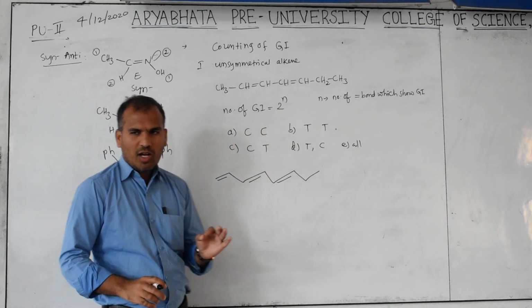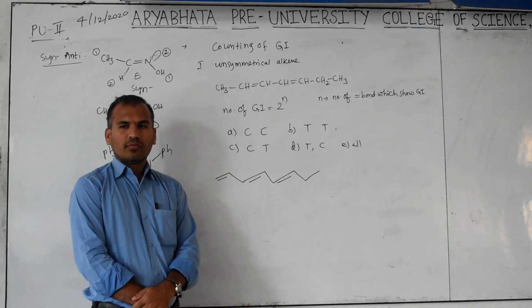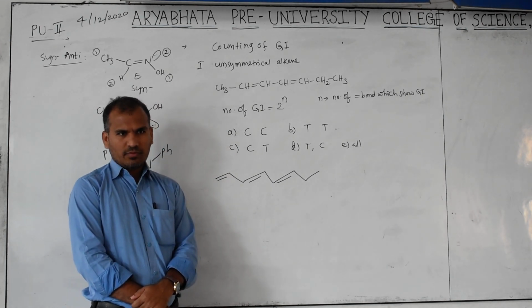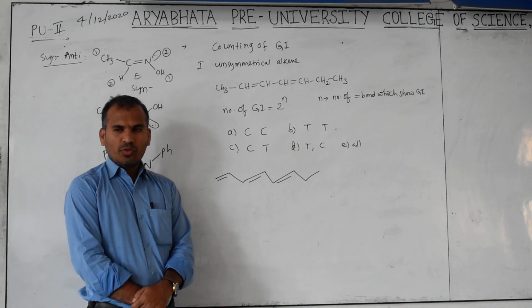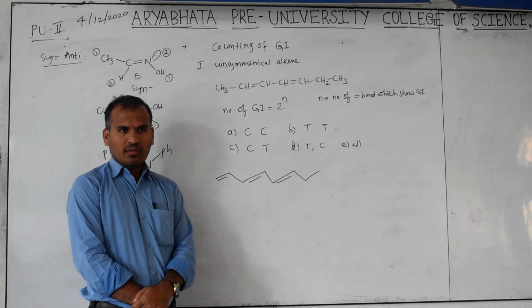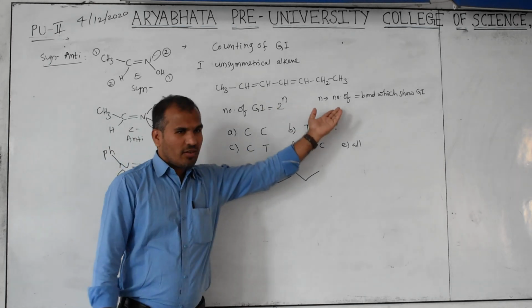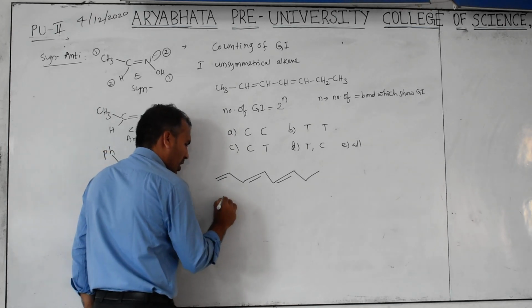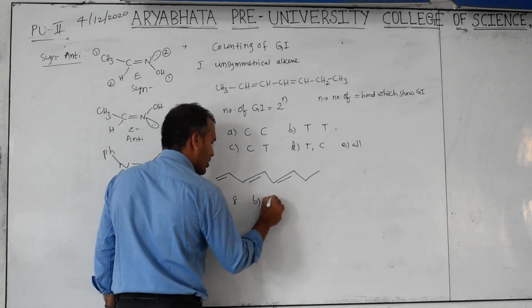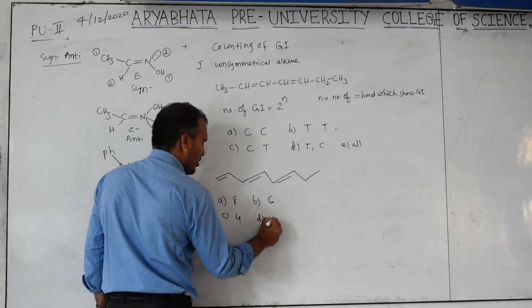Now tell how many geometrical isomers are possible. Tell fast. What is the formula? 2 power n. What is n? Options: A 8, B 6, C 4, D 10.